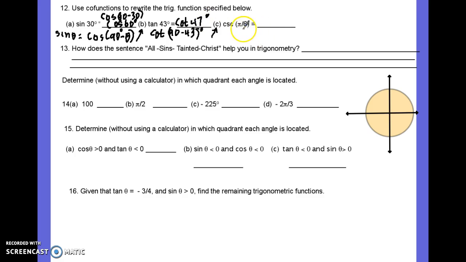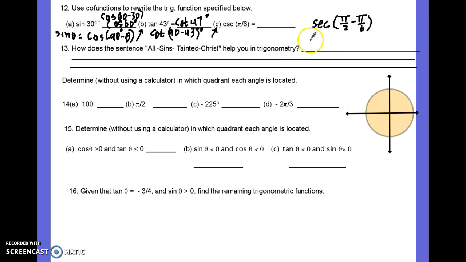And then this one now could maybe give some people problems, but cosecant goes with secant. And since it's given in radians, pi over 6, we'll use not 90, but pi over 2. Pi over 2 for 90, minus pi over 6.